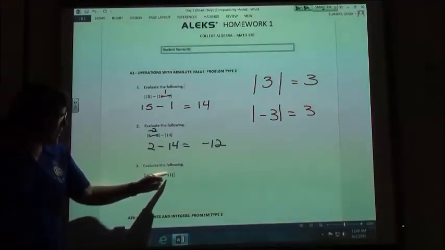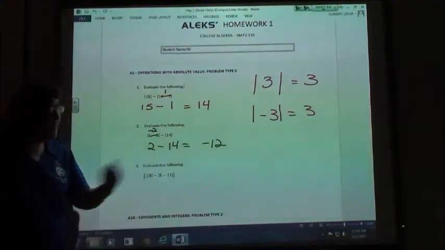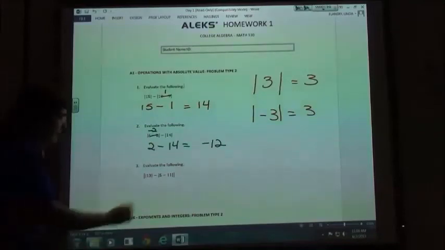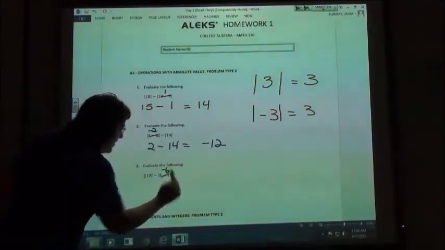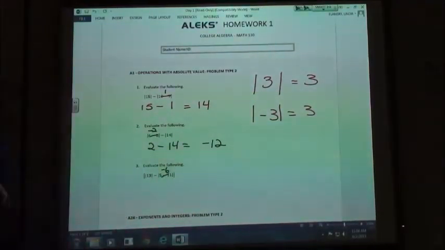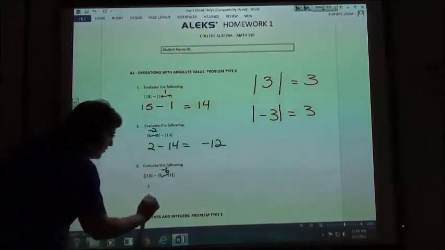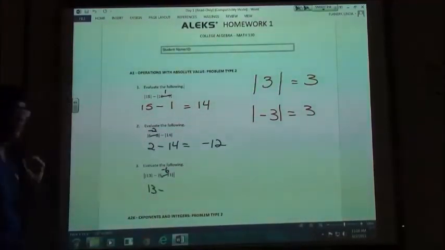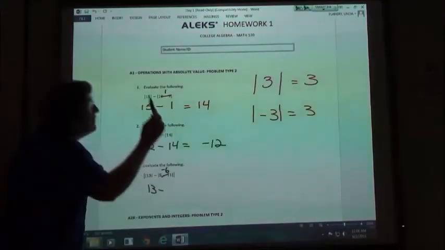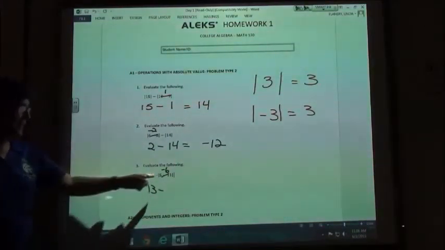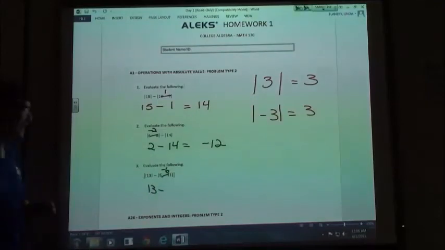So I'm going to do inside this one first. 5 minus 11 would be -6. The absolute value of 13 is 13 minus the absolute value of -6 is? The absolute value of -6 is? 6.